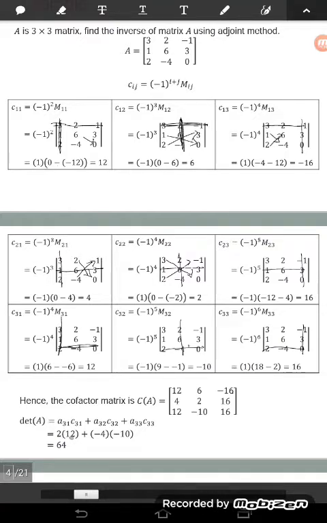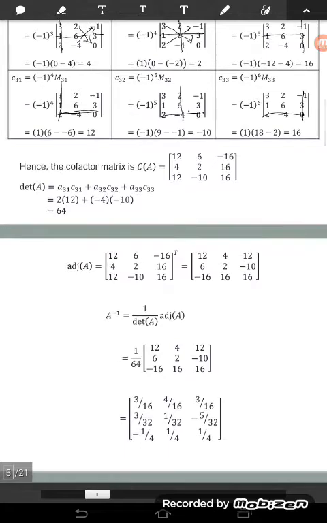So 2 times 12. And then the element in row 3 column 2 is negative 4, and its cofactor is negative 10. And the element in row 3 column 3 is 0, and its cofactor is 16. Since it is 0, I don't calculate it, just drop it. So I have the determinant, which is 64.